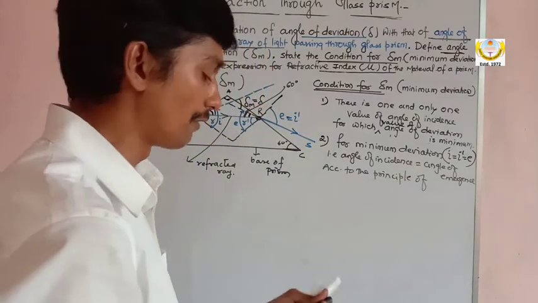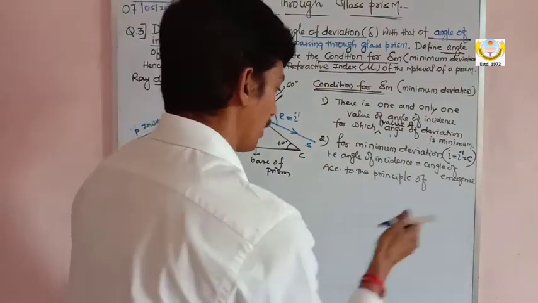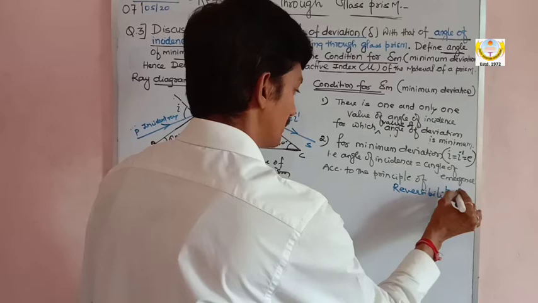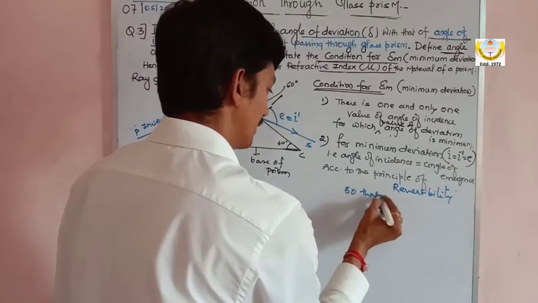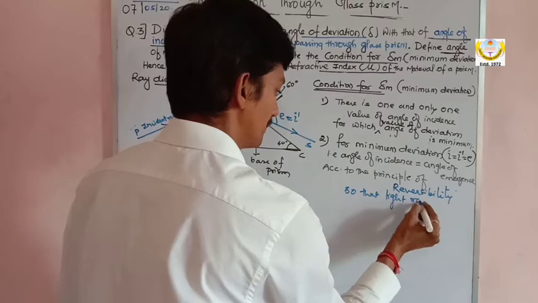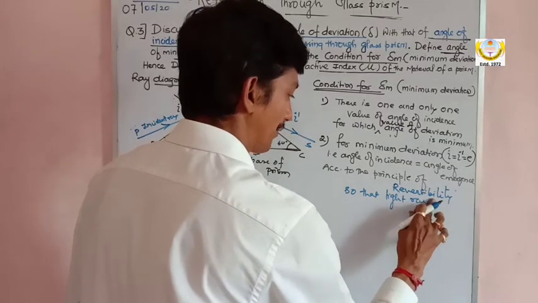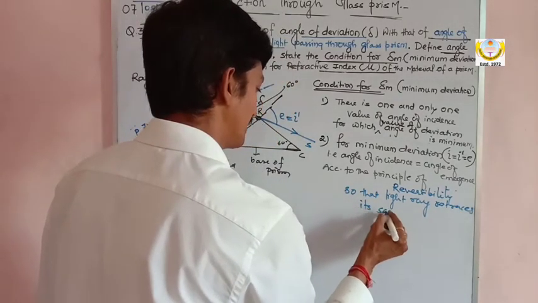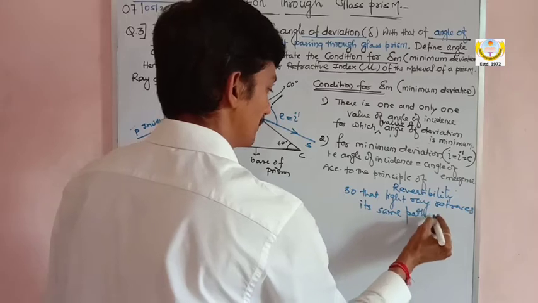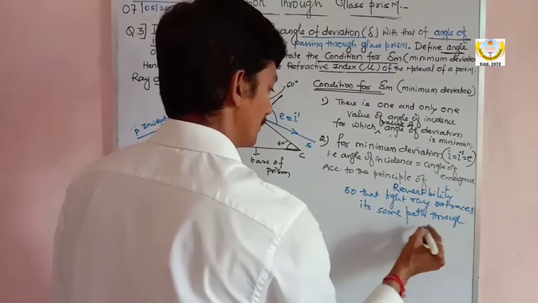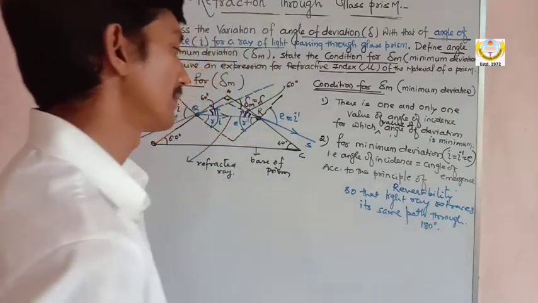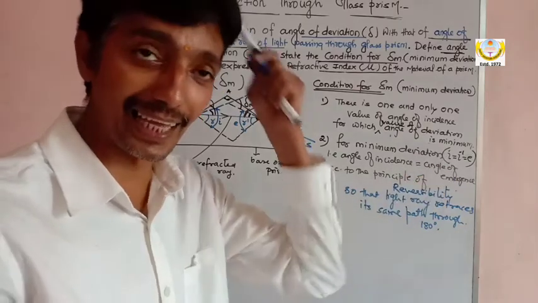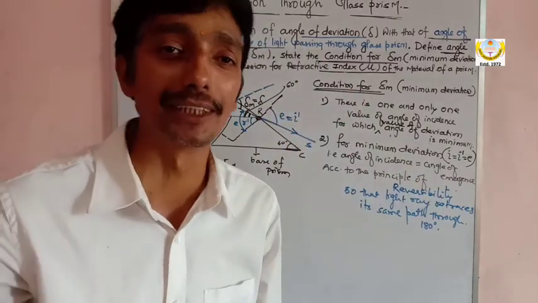The principle is called the principle of reversibility, so that the light ray retraces its same path through 180 degrees. This is proved by this principle, and hence I and E must be equal, otherwise the principle of reversibility fails.